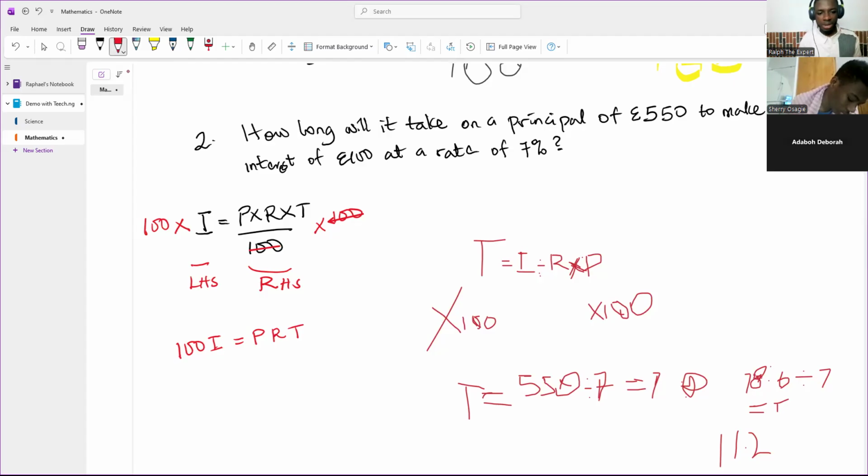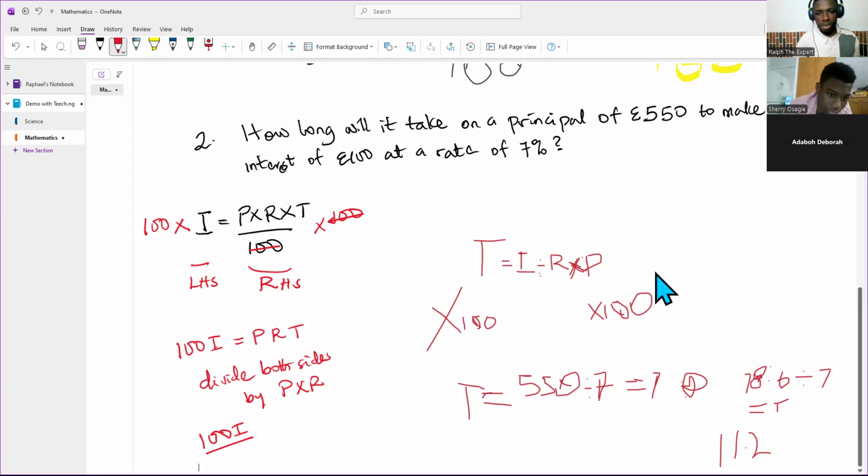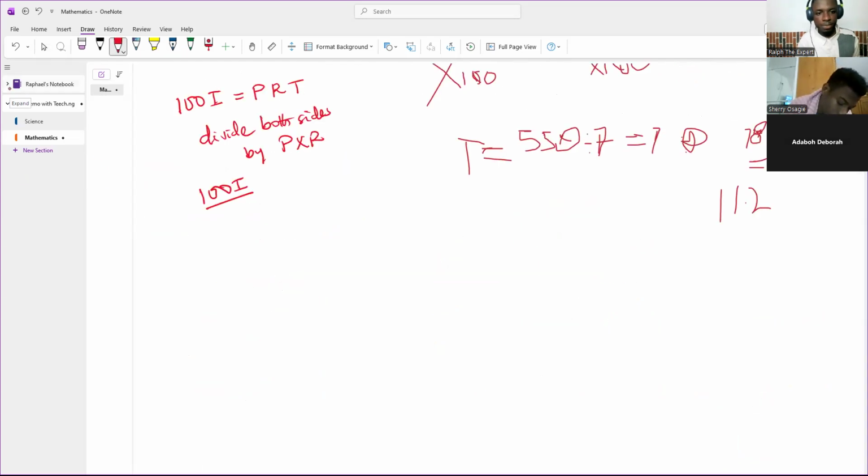But now PR is multiplying T. To remove PR, we need to divide both sides by PR, or P times R. So we now have 100I over PR equals PRT over PR.